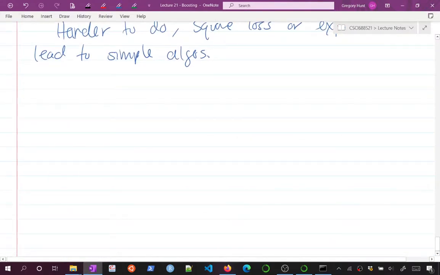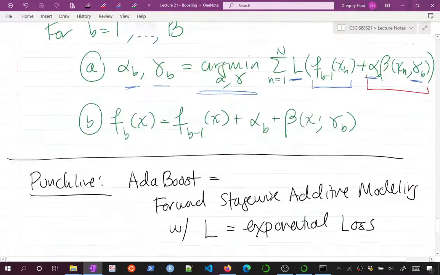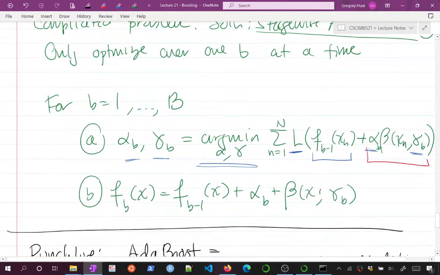And this leads to the more general boosting algorithm called gradient boosting. This is our solution, and it's a fairly large step up in complexity, all motivated by what we want to solve in this step here.